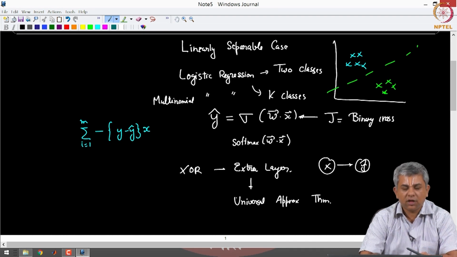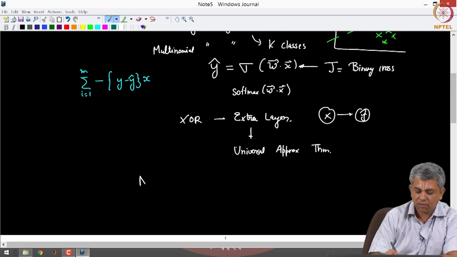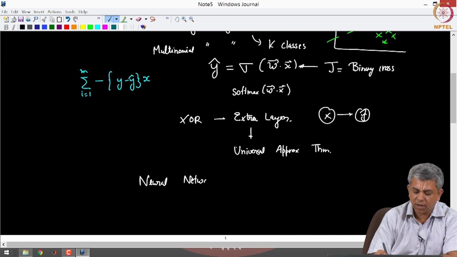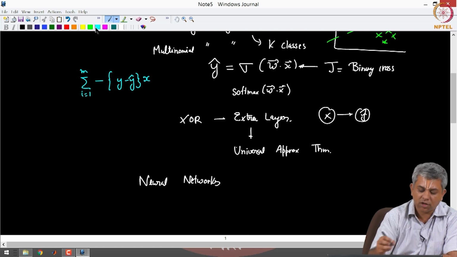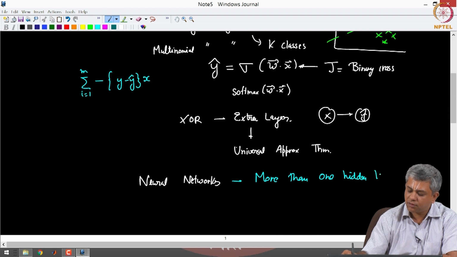Okay. Neural networks, however, use more than one hidden layer, and there is some disagreement in the literature on this. More than one hidden layer, and this is what is called deep learning.